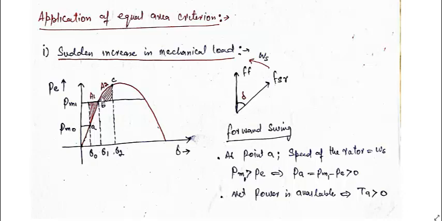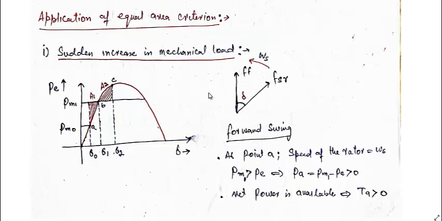Now at this point, let us say delta has increased and electrical power reached over here. At this point electrical power is greater than mechanical power. Now there is a decelerating power available at the rotor, so the rotor will decelerate. Here the speed was 1510. Let us say here the speed is 1508. Still it is greater than the synchronous speed.